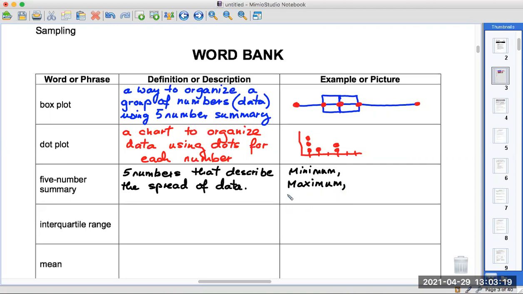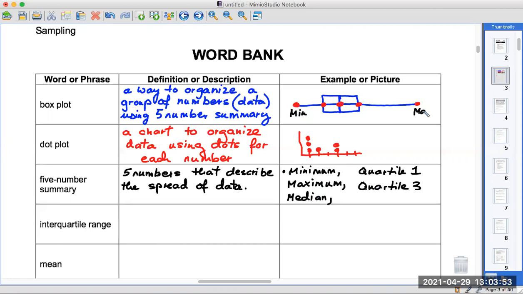And then you have the median, which is the middle number, the one that's in the middle when you order the numbers. And then we have quartile 1, which I'll show you what that is, and quartile 3. Quartile 1 is the median of the lower half of the numbers, and quartile 3 is the median of the upper half of the numbers.